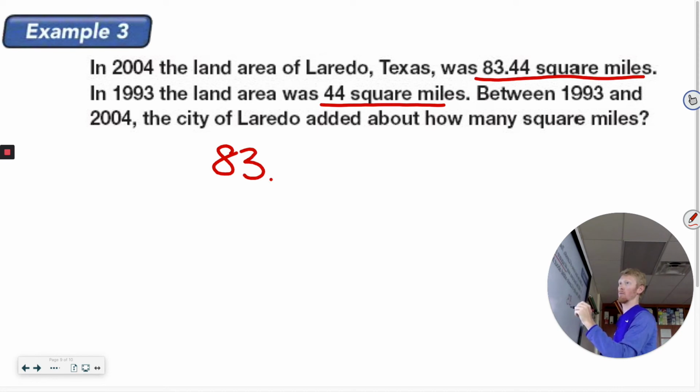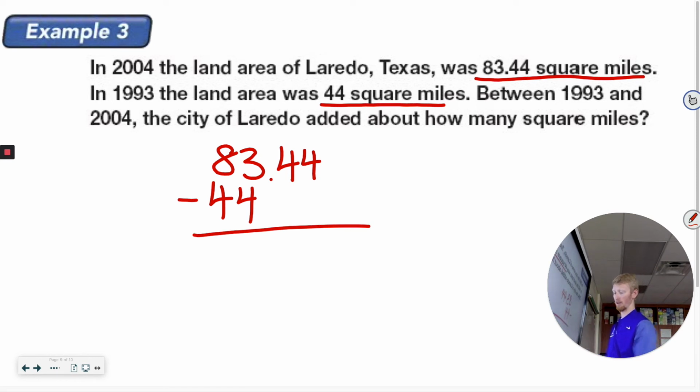So I have 83.44. Then I'm going to line it up with 44. And then I can do my subtraction problem. All right. I add my decimal point and my zeros, and then away I can go. So 4 minus 0 is 4, 4 minus 0 is 4. Drop down the decimal point, and then I need to borrow.